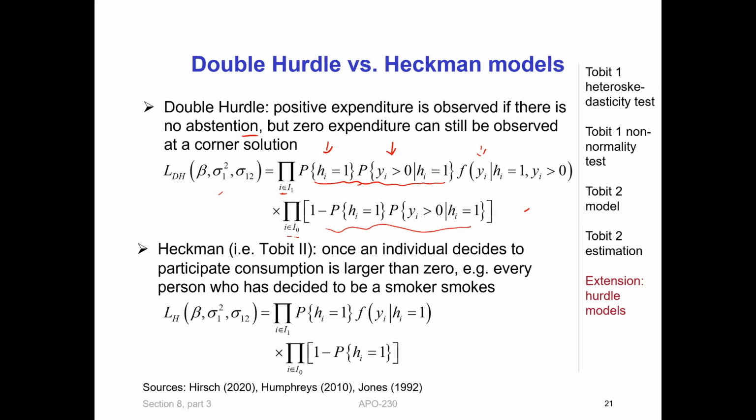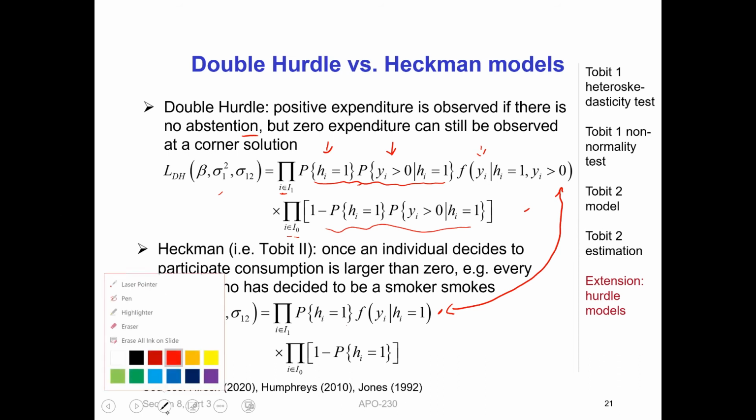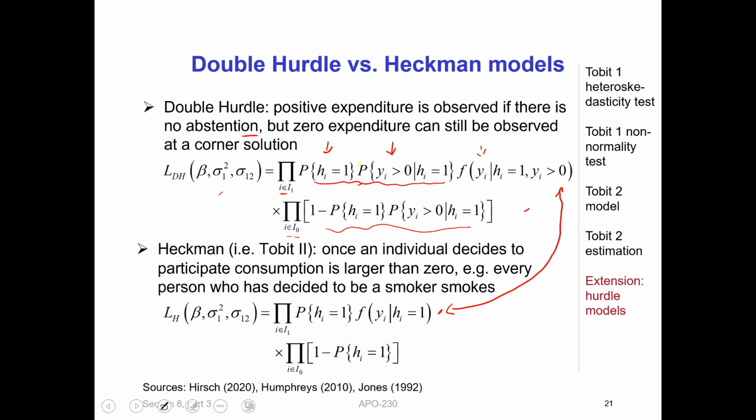So it's actually the same, just the counterpart in the second term. Now let's again look at the likelihood function of the Heckman or Tobit 2 model. I jump ahead a bit and then go back to the text. Okay, so we have the probability of h_i equal to 1, and then the conditional density, which is more or less the same there. But what is missing is this part. Let me highlight it. We don't have this part.